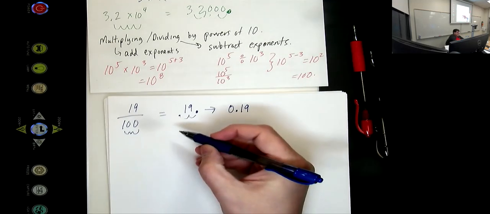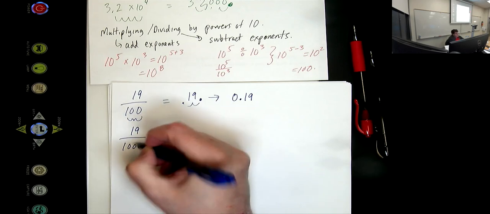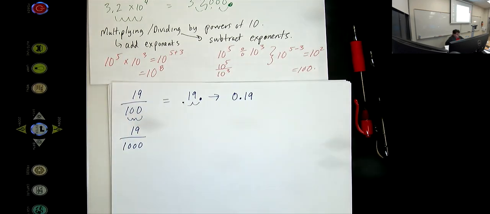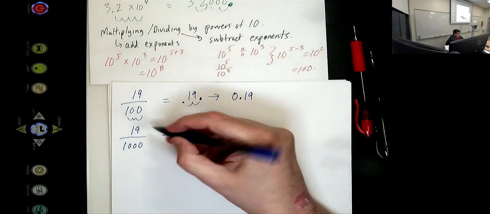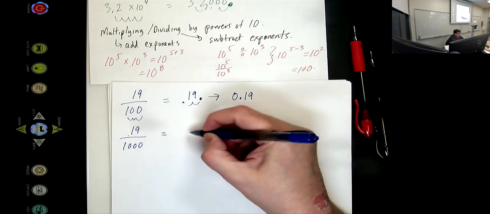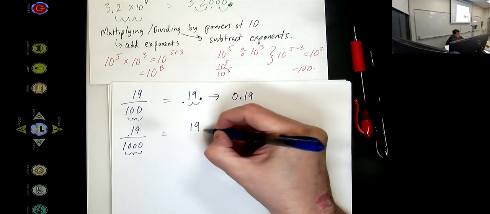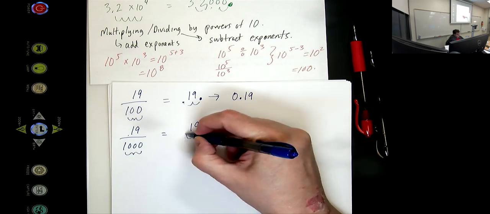Now, notice the tricky difference between this and 19 over 1,000. A lot of people just want to move the decimal over and put it as 0.19. But if I do the same thing here, I've got 3 zeros. I've got to move that decimal point left 3 times.